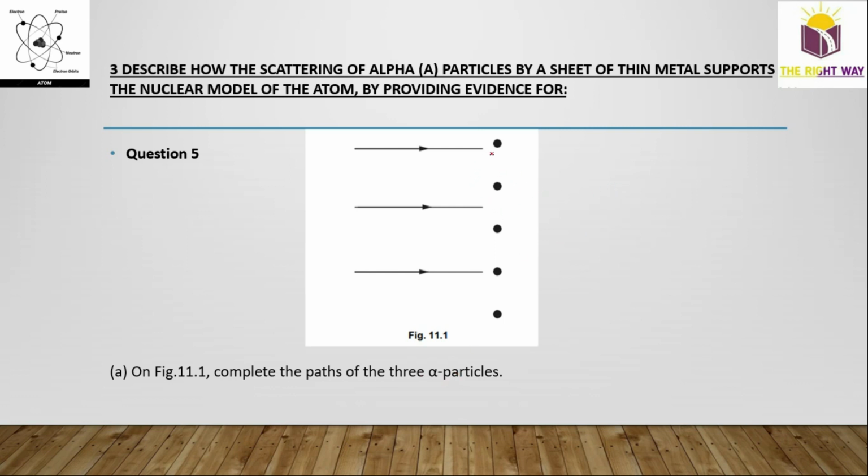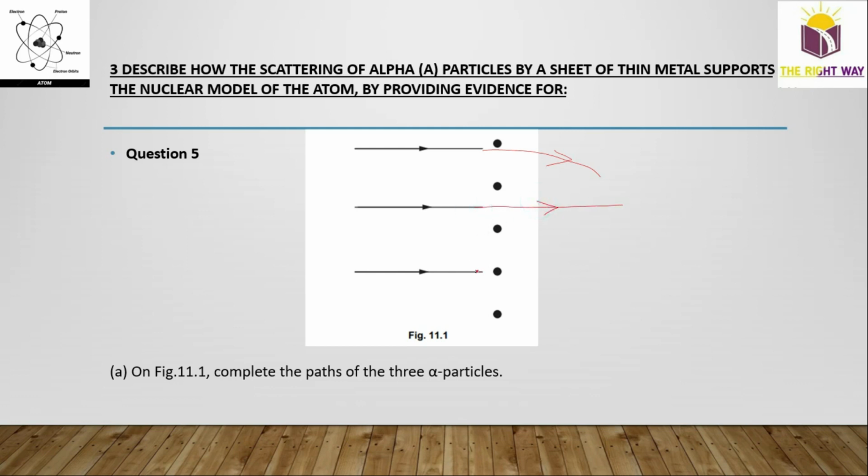The one moving toward the nucleus but not toward the center of the nucleus will be deflected. The one passing between the nuclei will go straight.